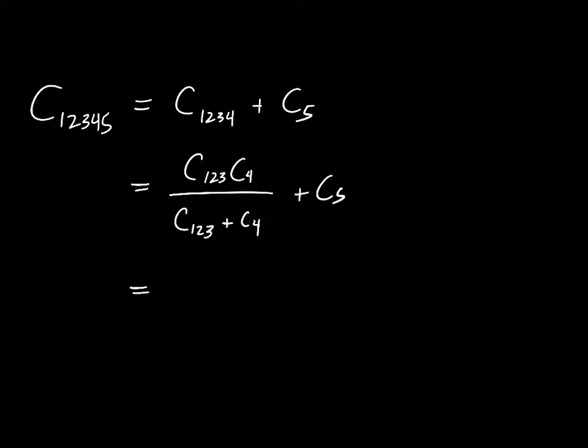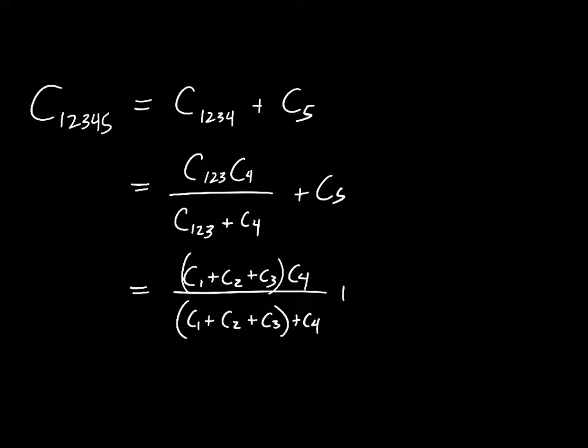Well, what was C1,2,3? Told you we'd backtrack. C1,2,3 was just the sum of C1, C2, and C3 because that was a parallel network. And so finally at the end here, I guess that really is about as good as it gets. We wouldn't gain much by that.